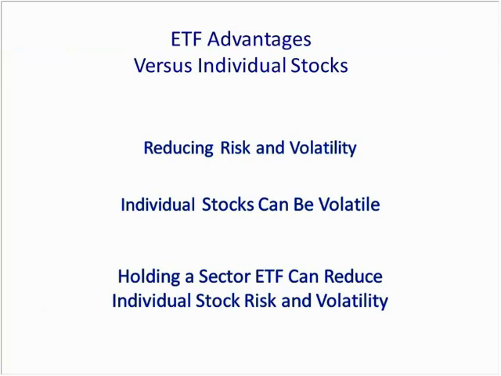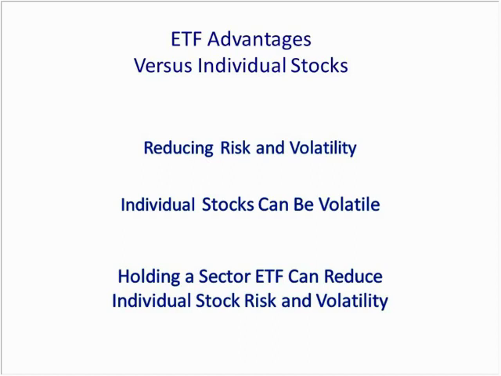So let's look at a few advantages of ETFs versus individual stocks. With ETFs, you have reduced risk and volatility compared to individual stocks. And as you know, individual stocks can be very volatile, and especially during earnings season, you can get very strong price moves either up or down.